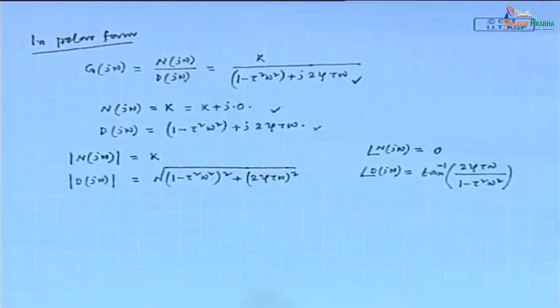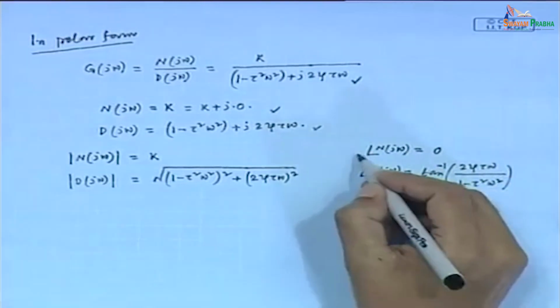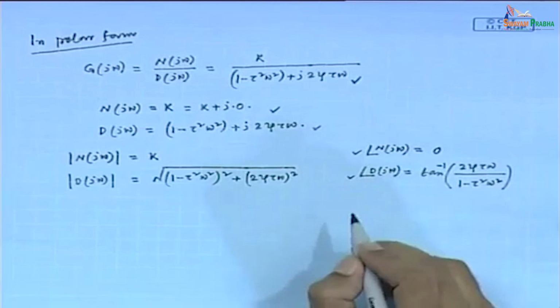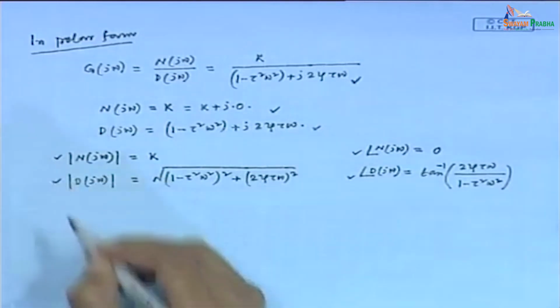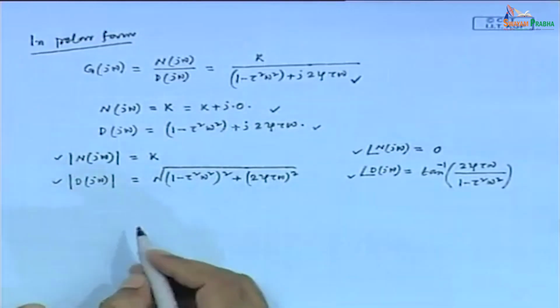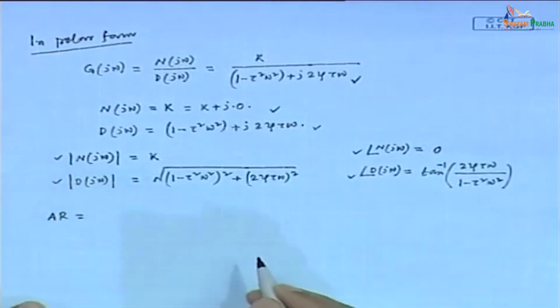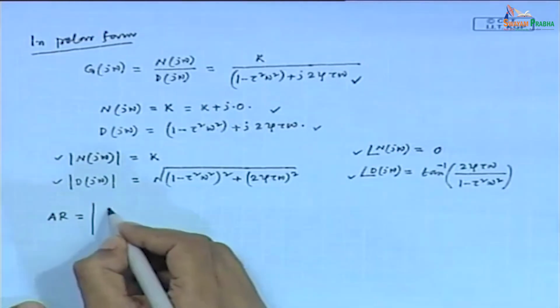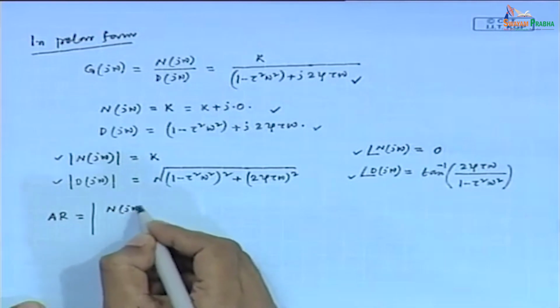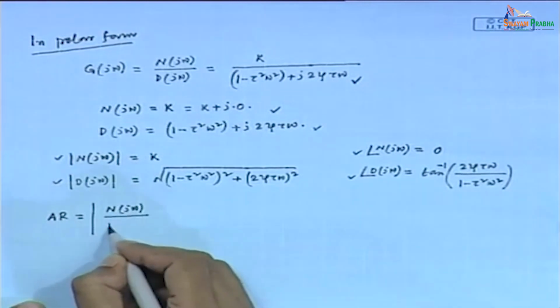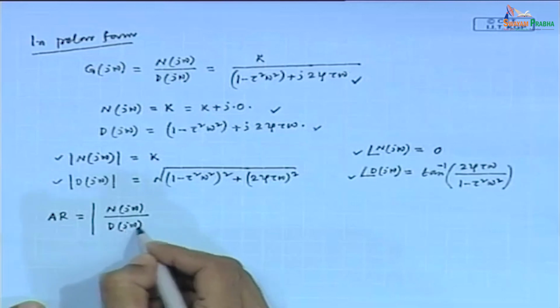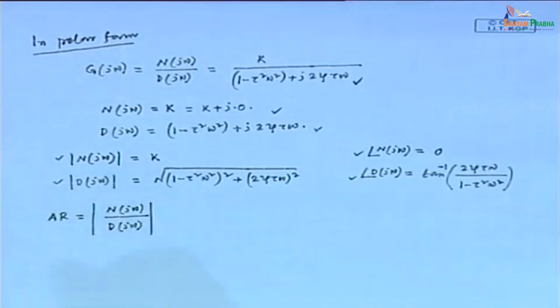Fine. These are the argument of numerator and denominator and magnitude of numerator and denominator. Now, amplitude ratio is written as magnitude of N(jω) divided by D(jω). This is the expression for amplitude ratio.